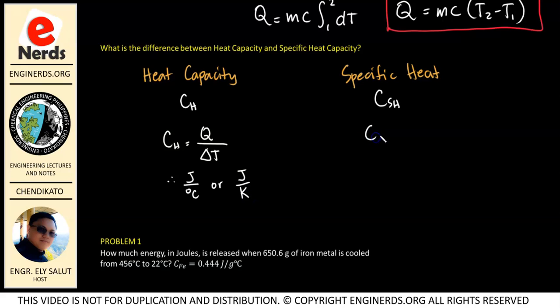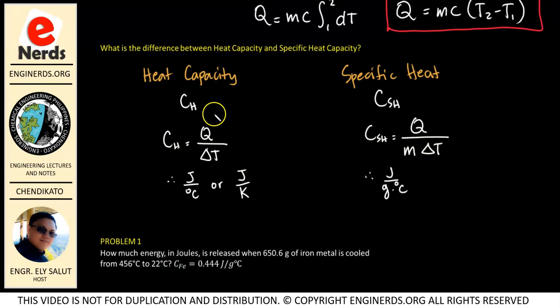While in our specific heat, this is the amount of energy change which is either absorbed or released for every particular mass and every change in temperature. So therefore, ang magiging unit natin dito is joules per gram per degree Celsius. Okay? So as you can see, meron tayo ditong denominator na unit mass. That is basically the difference between the two.